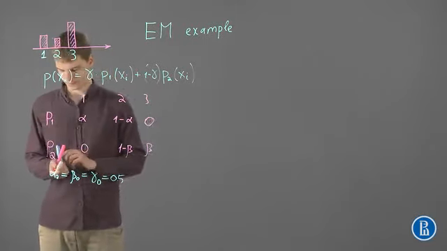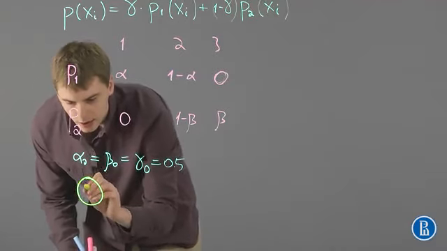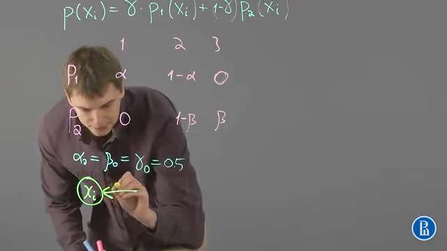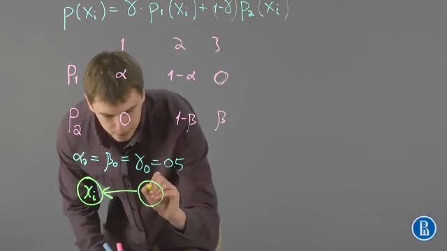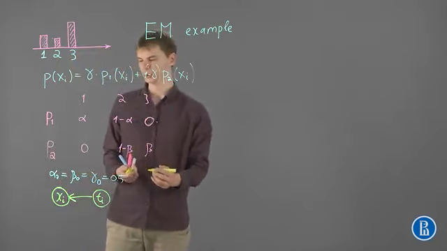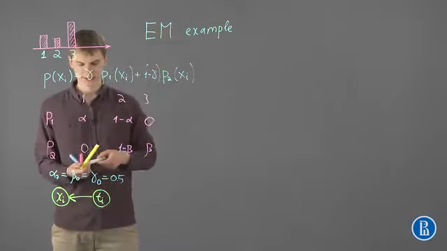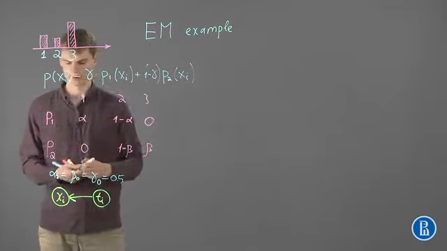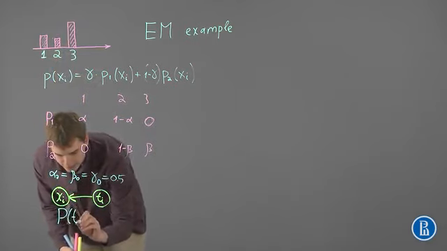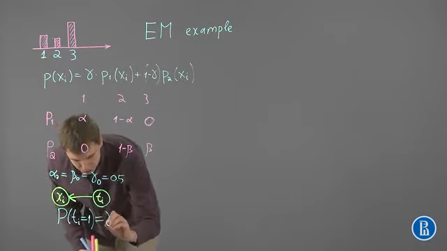So we'll have a picture like this. Xi is caused by Ti. And Ti can take two values, 1 or 2, with some probabilities. So the prior probability of Ti being 1 is just gamma. It's the weight of the first component of the mixture.